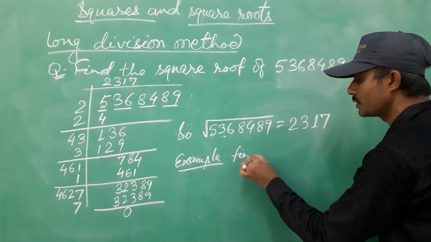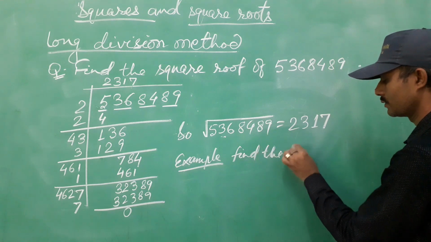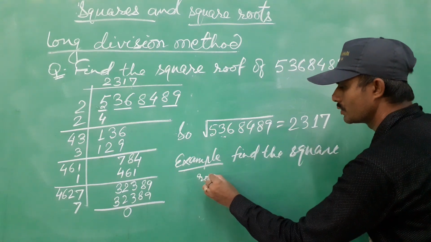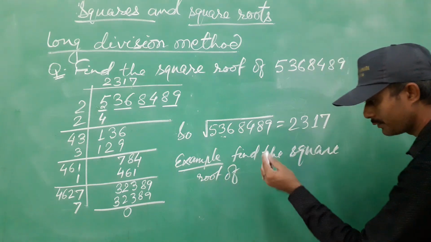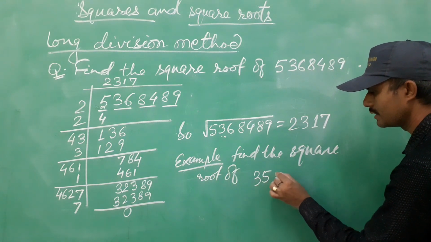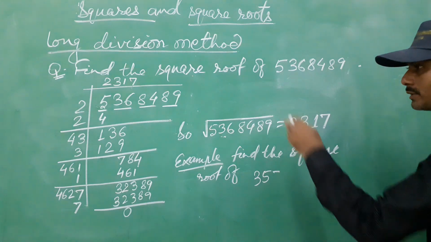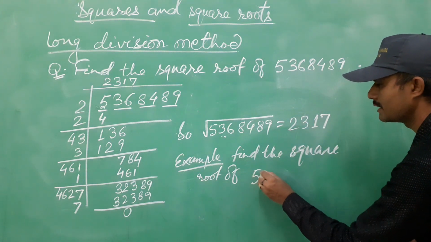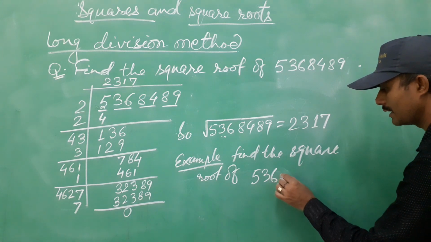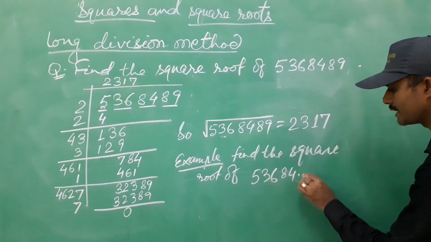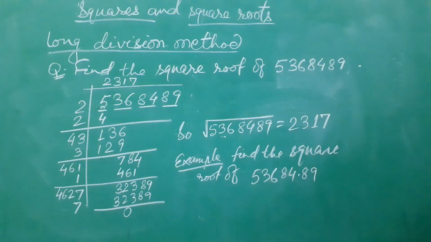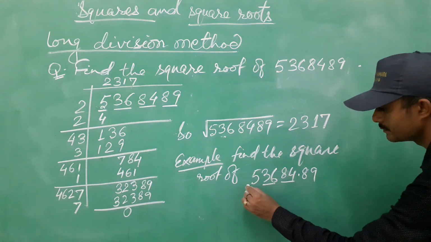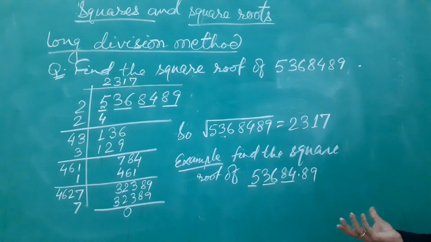If the number is 5 3 6 8 4.89 in decimal, then start pairing here and do the same.